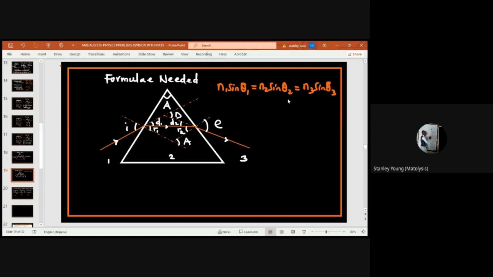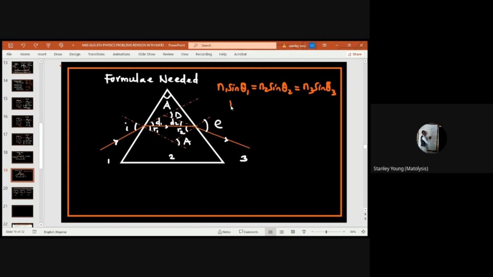Please take note of that. Of course, you can use the two equations simultaneously. You just have to pair them depending on the information you have, like this and this. It could be 1 and 3, your choice.